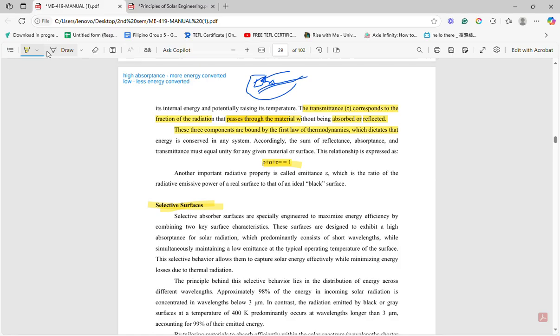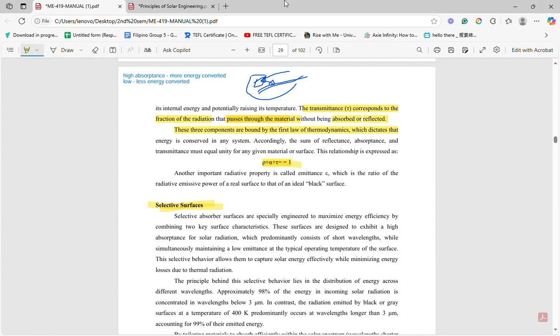So that's when you use a high transmittance. But if we are relating it to solar energy utilization, we need to minimize transmittance, because what we need is for the energy to be absorbed so that it can be converted into usable energy.